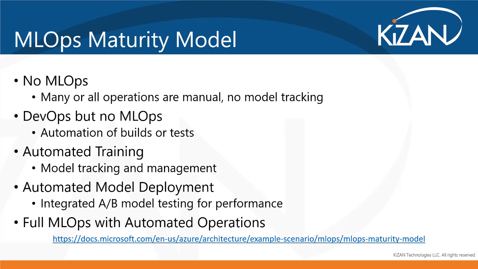The next step is you have building models or tests automated, plus all the previous listed features, and you're able to track your model and collect those metrics. Then the next step is you have the previously listed features, but you also have deployment automated.